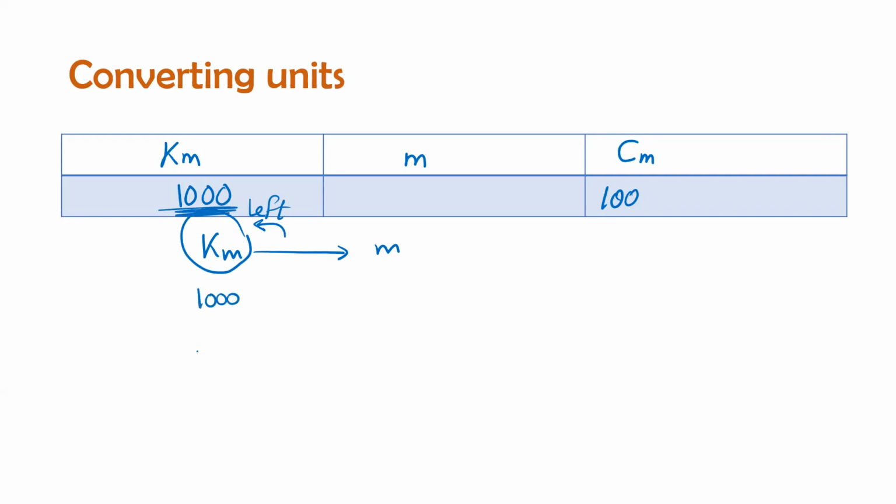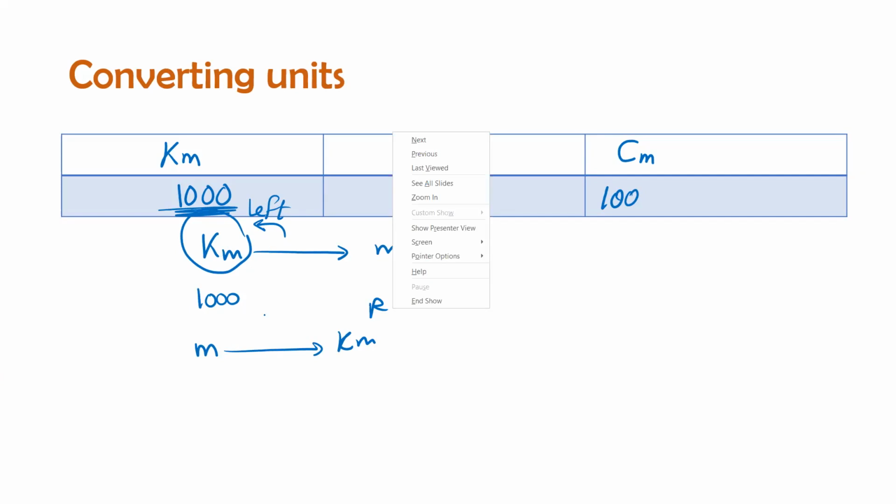If I want to change from meter to kilometer, going to the right side, it will be divide: 10 power negative 3, or divide. That's it. So now I know 1 kilometer is 1,000 meters.